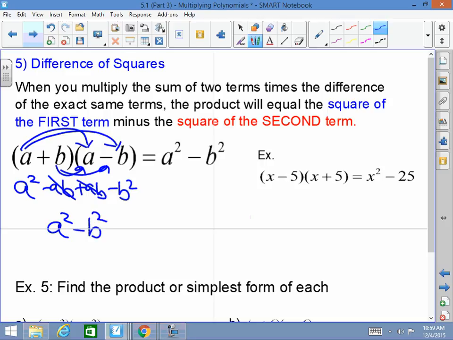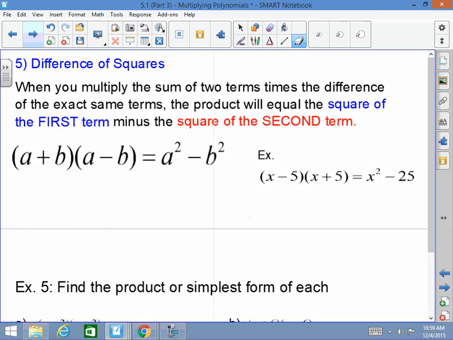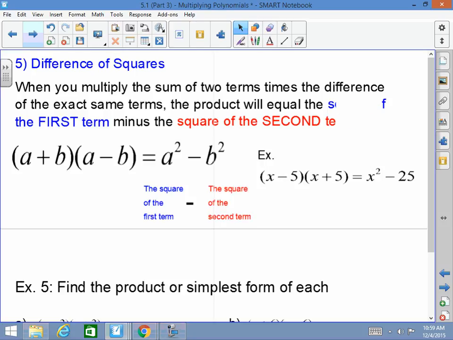You could do that if you so choose. Or you could do the square of the first term, literally, minus the square of the second term, and you are literally done. So in this example, you got x minus 5 times x plus 5.